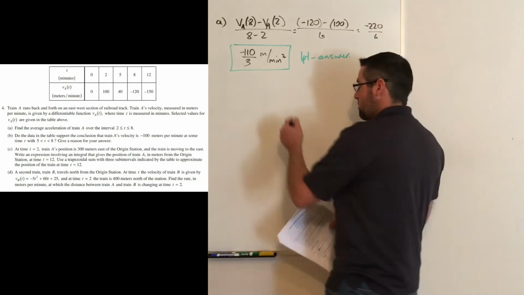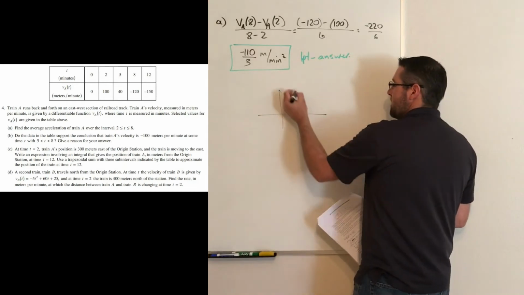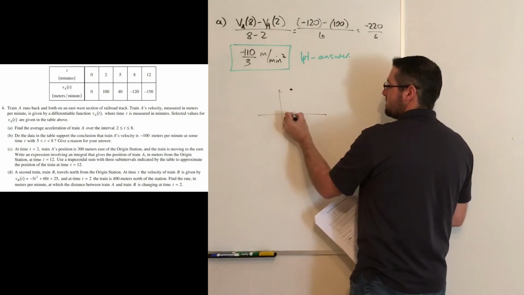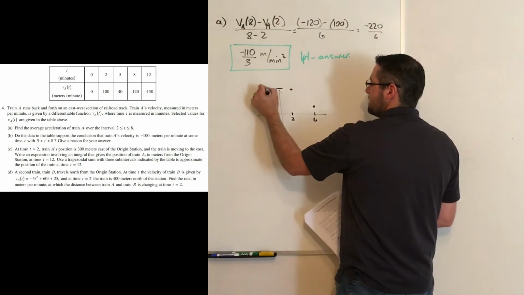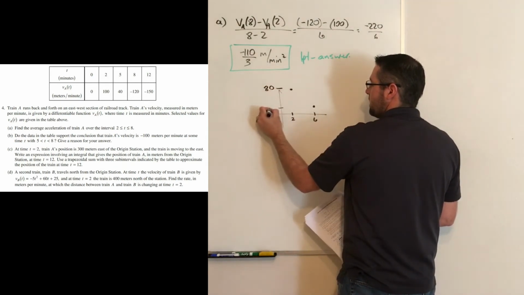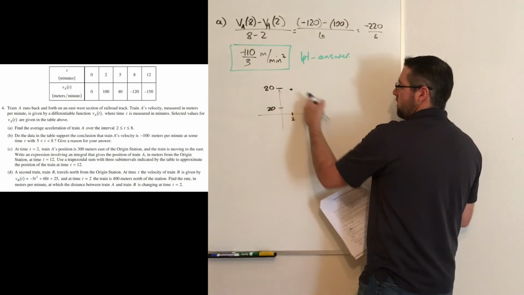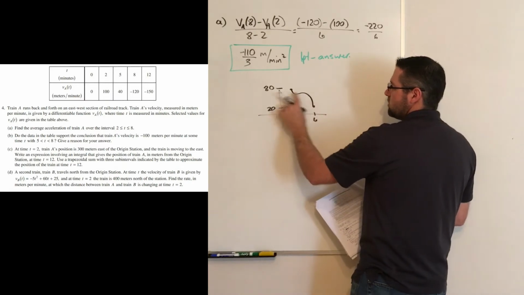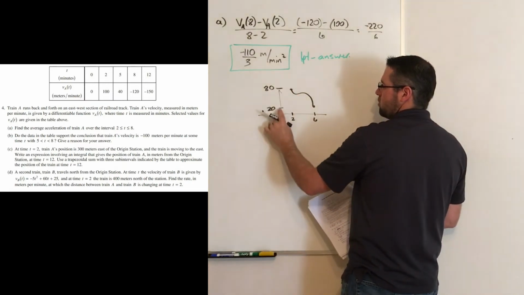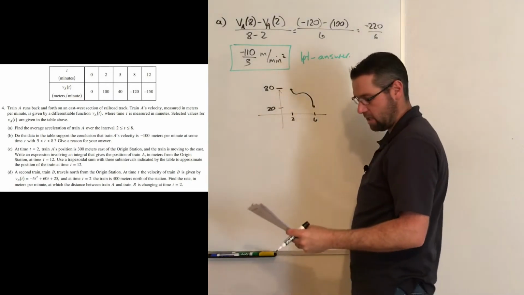So you remember the intermediate value theorem says, if I have a point that's, let's say this is time 2 and this is time 6, and this height is 80 and this height is 20, if this function is a continuous function over that interval, this function must pass through every y value between 20 and 80.